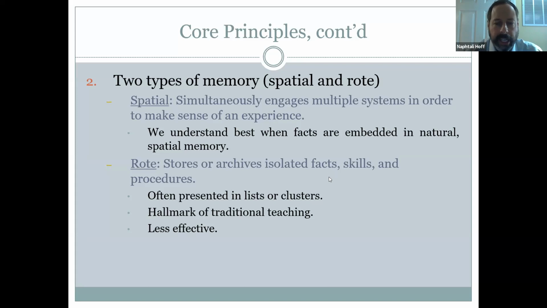So if we can embed it in our senses, that's why, for example, teaching the states with song is a much better way to do it than teaching it as a list, because you're going deeper with the information, you're connecting it to other senses, other forms of memory, other forms of modality, and the result of that is typically better recall.